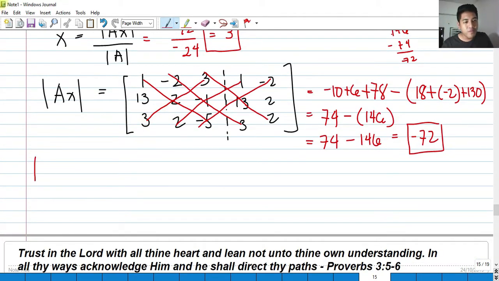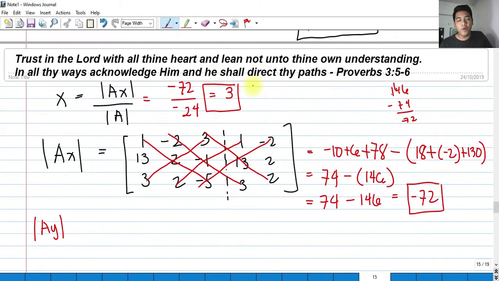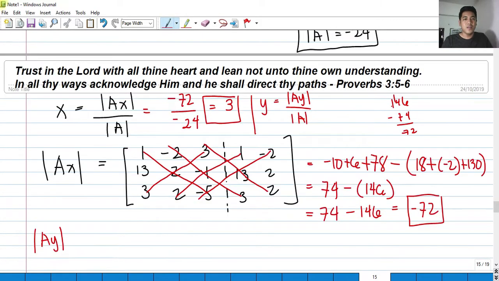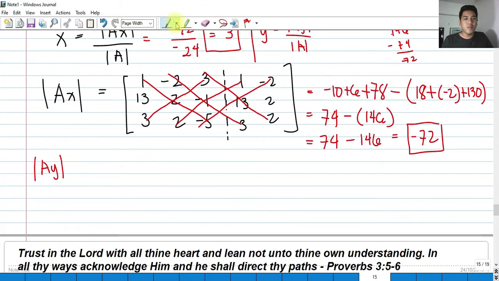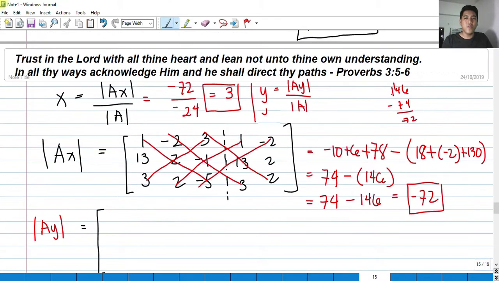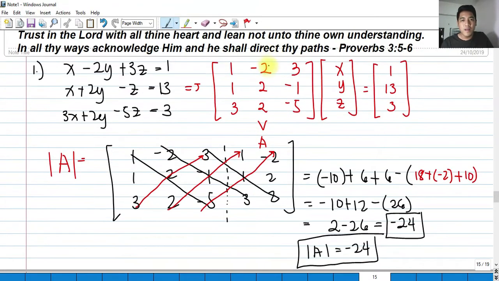How about for y? For y, we have the formula y is equal to the determinant of A sub y over the determinant of A. The determinant of A we already have. So what are we going to do with the determinant of A sub y? We're again going to have the matrix, and we're going to replace the second column, the coefficients of y, by the constants.